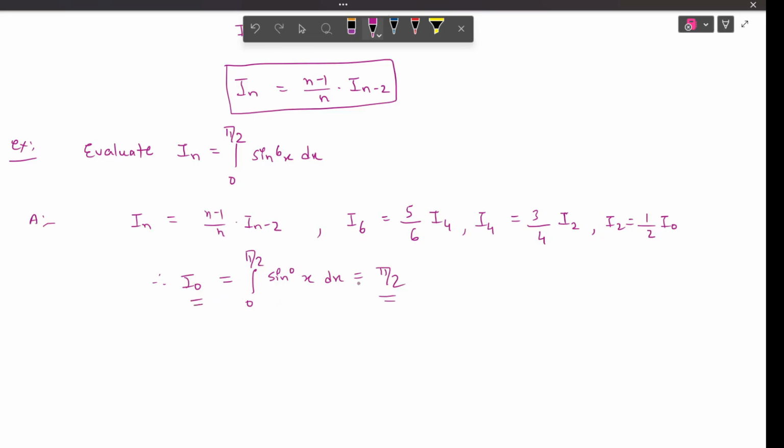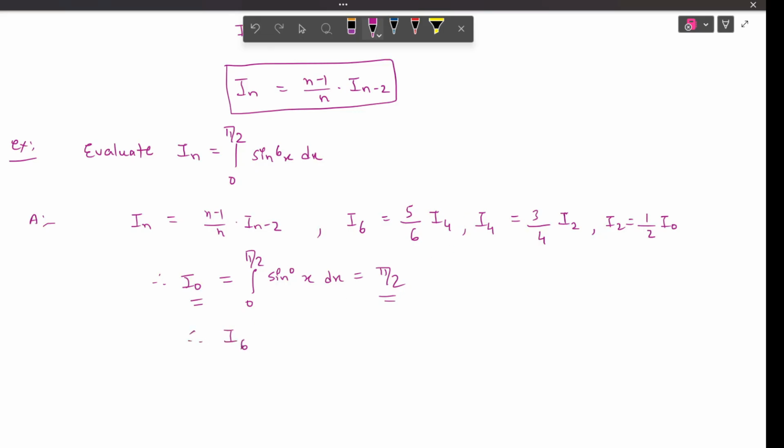So if I0 is pi by 2, then you can say what would be your I2? I2 would be half of pi by 2, right? Then it will be 3 by 4, half of pi by 2. Then it will be 5 by 6, 3 by 4, half of pi by 2, right? In this way it will go.